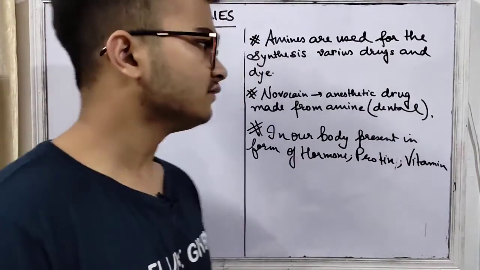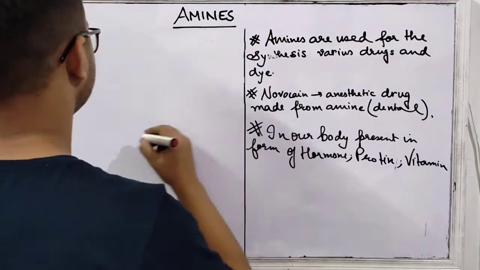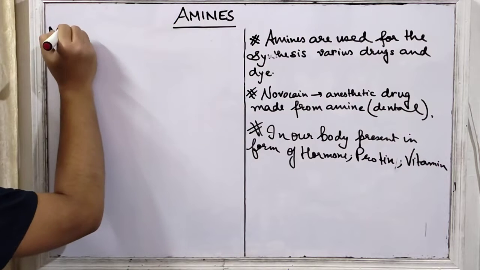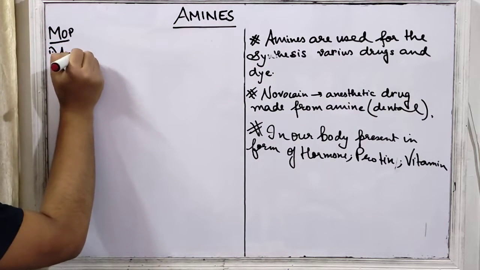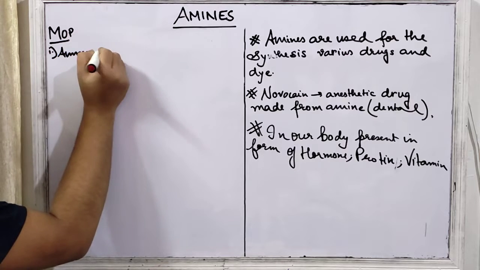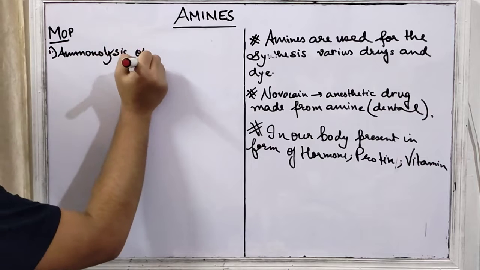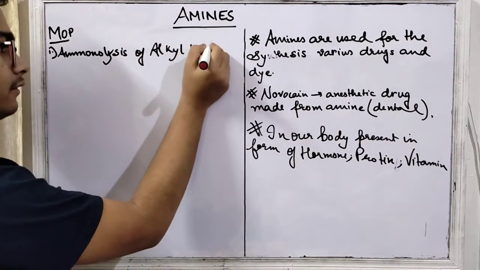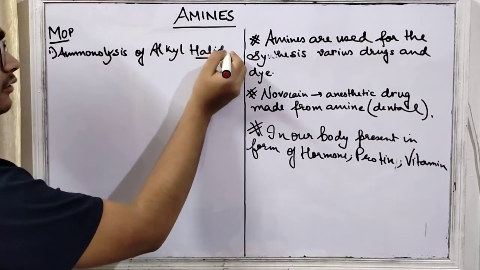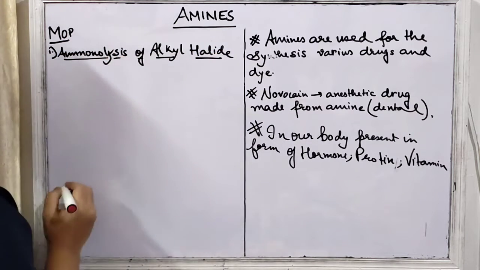We are getting the first one, which is the ammonolysis of alkyl halide. Give the heading under methods of preparation, MOP, ammonolysis of alkyl halide. If you remember, we did this in the haloalkane chapter in the chemical properties.